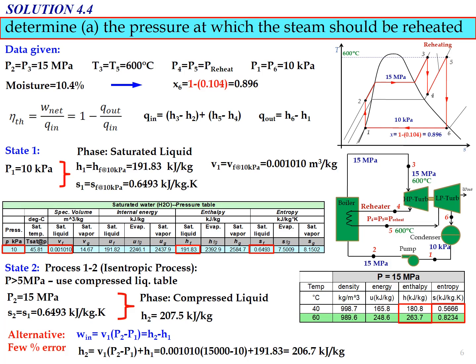Because the pressure is 15 megapascal, it is better to use the compressed liquid table for an accurate value of H2. However, you can still use the second approach with the formula W in equal to V1 multiplied by P2 minus P1 equal to H2 minus H1, because the value is still acceptable.